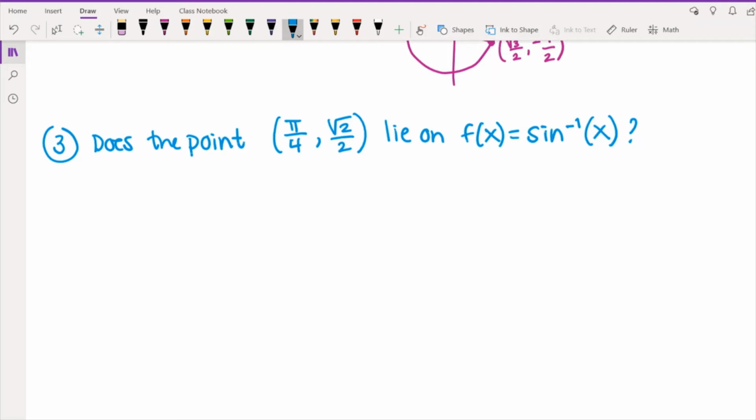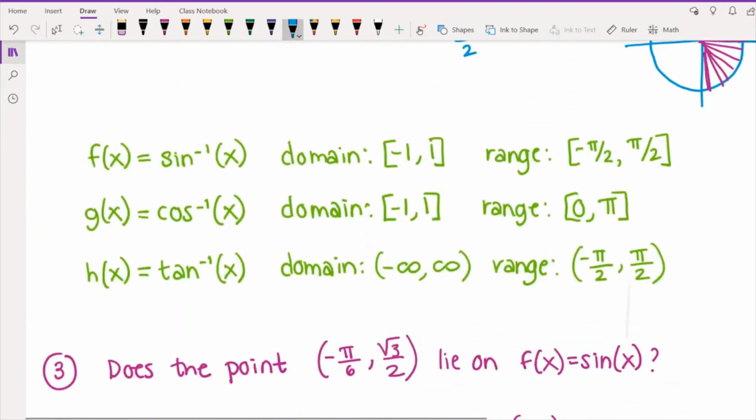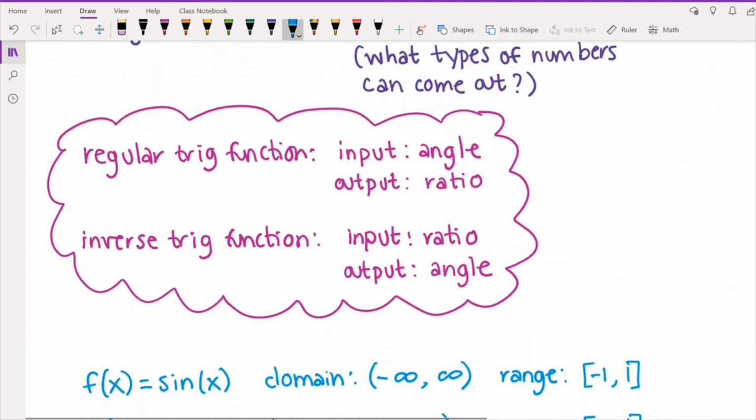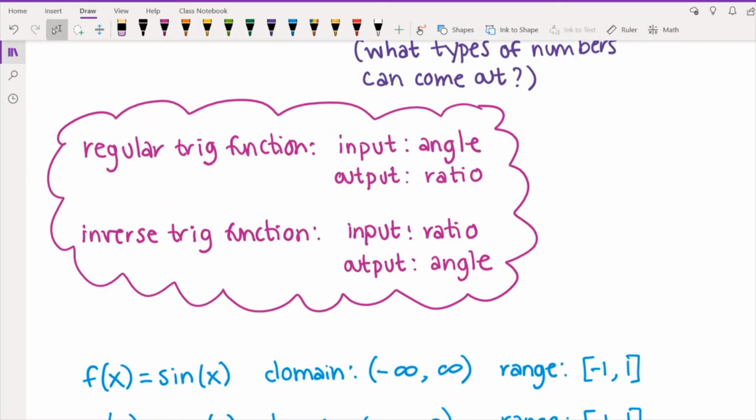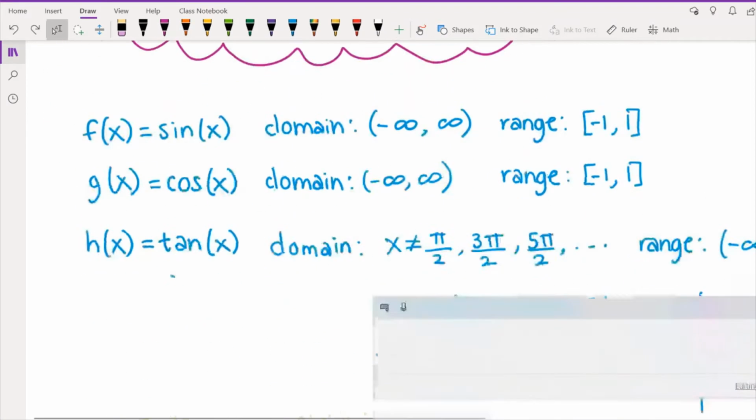And the reason that you can answer it without that is just going back and thinking about the stuff that I put in the bubble here. Whenever you have an inverse trig function, you should always be plugging in a ratio, and then your output should be the angle.